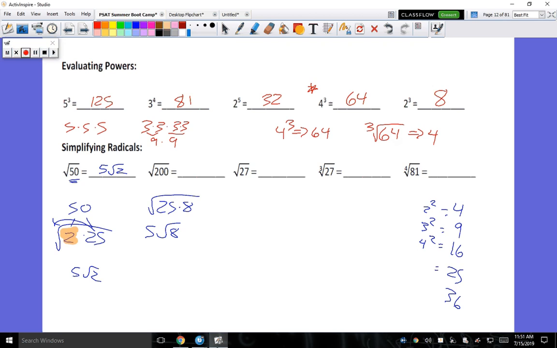Now let's change 8. 4 times 2. What pulls out now? The 4 will come out as 2, right? So what's my final answer, guys? 10 root 2. Looking at this, what number should I have tried to divide out first? 100. So the key is finding that number sense familiarity of these numbers.